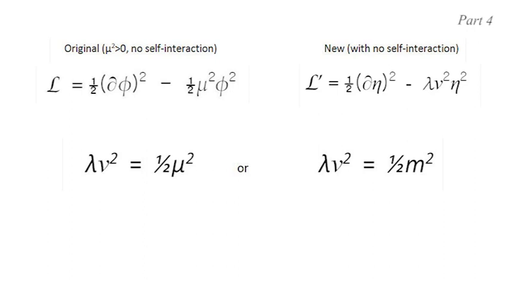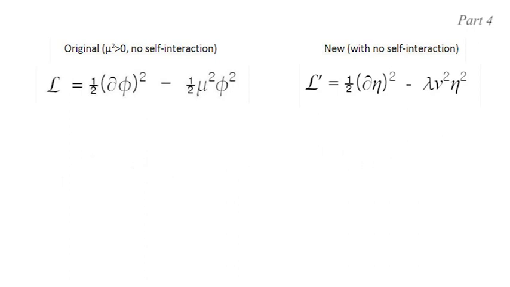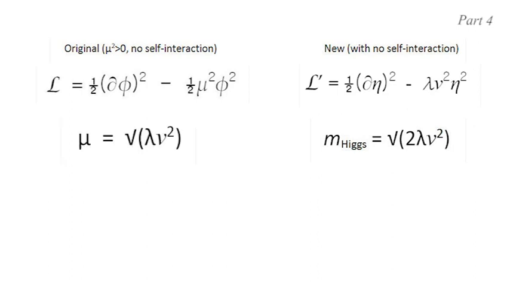So for this new excitation in the side cup, the Higgs boson, the mass will be given by the square root of 2 lambda v squared. You may recall, however, that when we started this analysis and worked out the residual field v, we had an expression for mu, the size of the mass before symmetry breaking, which was the square root of lambda v squared.